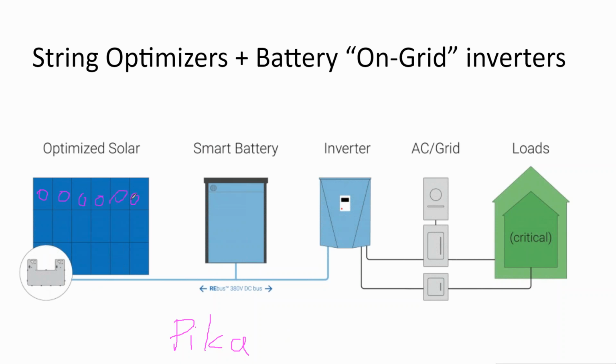But unlike SolarEdge that does one box behind every single panel, Pika does one box just for the circuit, and it optimizes the voltage of the circuit. So it's a little bit cheaper than the SolarEdge system up on the rooftop, but you still get a steady voltage coming out of the array.